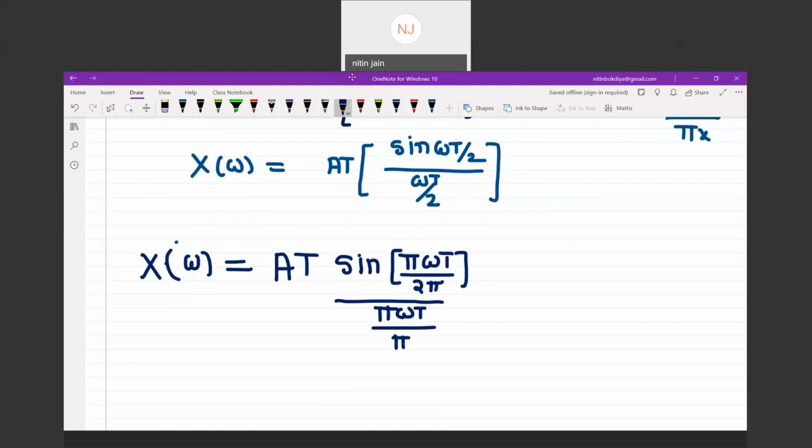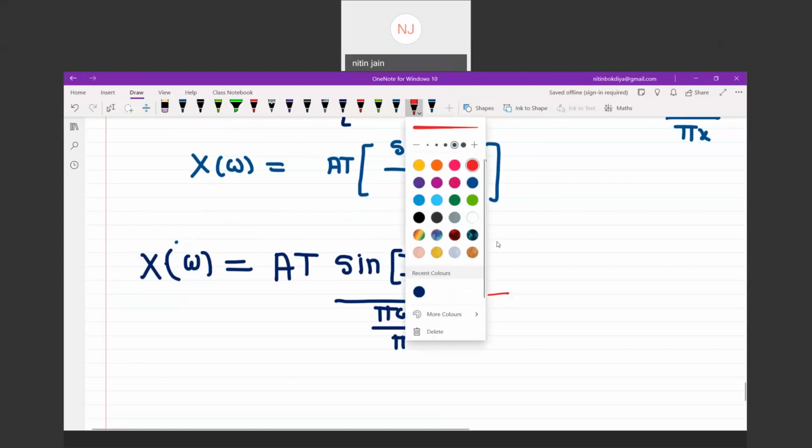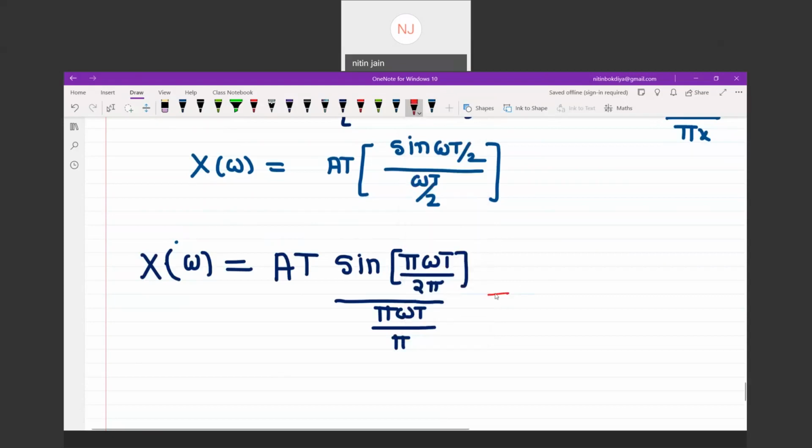What I can say, this number, you can take pi outside, so this is equivalent to A into T sinc of omega T by 2 pi, and this result you can remember.